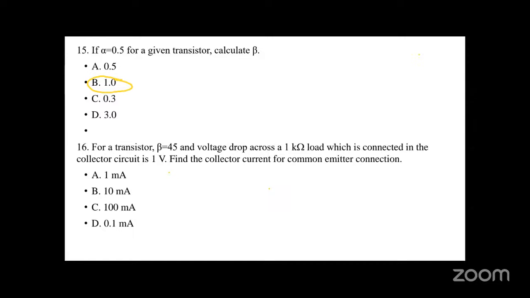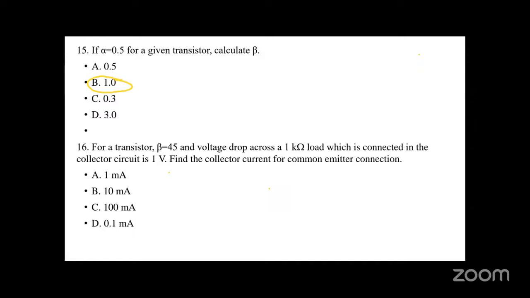Exercise 16. For a transistor, beta is equal to 45, and the voltage drop across a 1 kilo ohm load, which is connected in the collector circuit, is 1 volt. Find the collector current for common emitter connection.